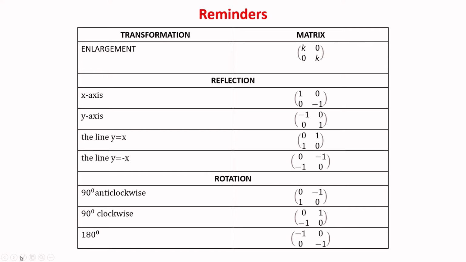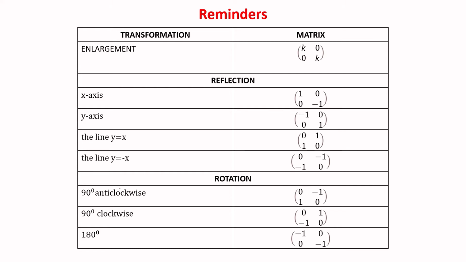A reflection in the line y equals x is 0, 1, 1, 0. A reflection in the line y equals negative x is 0, negative 1, negative 1, 0. If you realize the connection between this one and this one, it's an interchange of the x and the y.